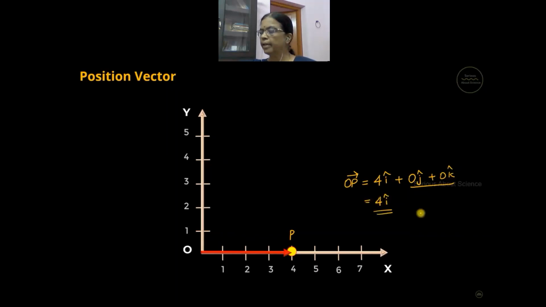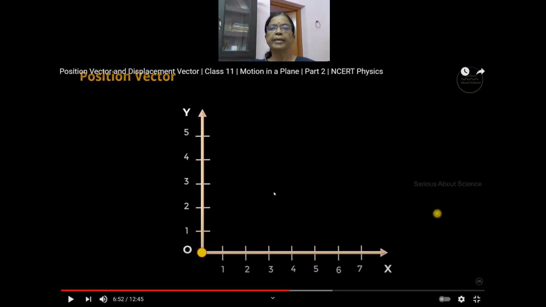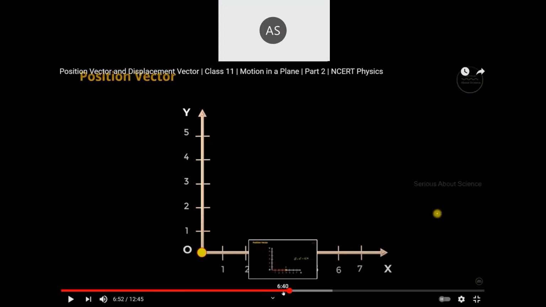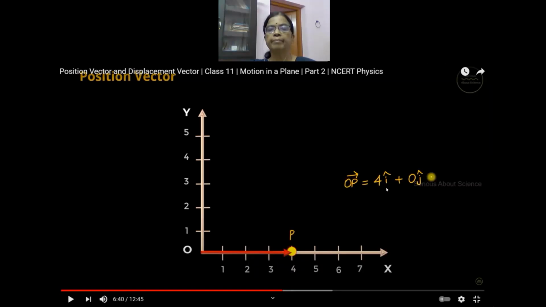So 4 I cap means what, children? Amal Krishna, 4 I cap, what's the meaning? It's on the x-axis. How much distance? 4 units along the x-axis. 0 j cap means what?